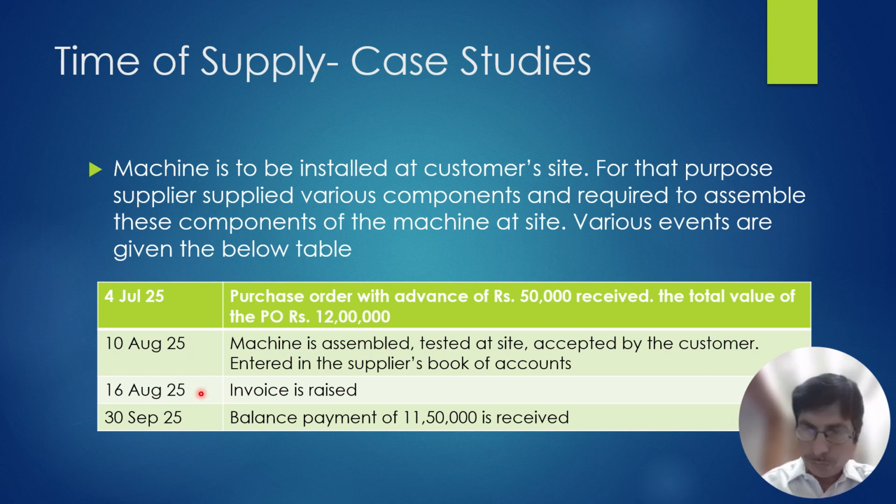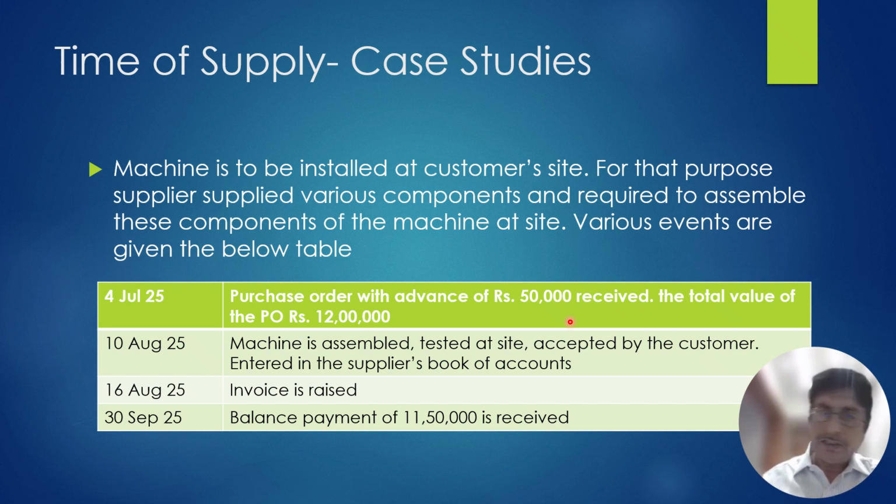In this case, the due date for raising the invoice is 10th August according to section 31. The actual date of invoice is 16th August. Whichever is earlier, so we will ignore 16th August and consider 10th August. So on 10th August is the time of supply for 11,50,000, and by virtue of notification number 66/2017, 10th August is the time of supply for the advance of rupees 50,000 also.